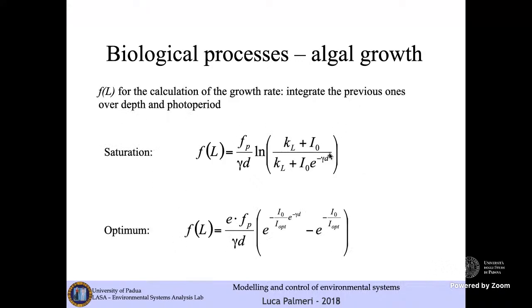Okay, so for the calculation of the limiting function FL, the effect of light on limiting the growth rate, you shall integrate the previous models.